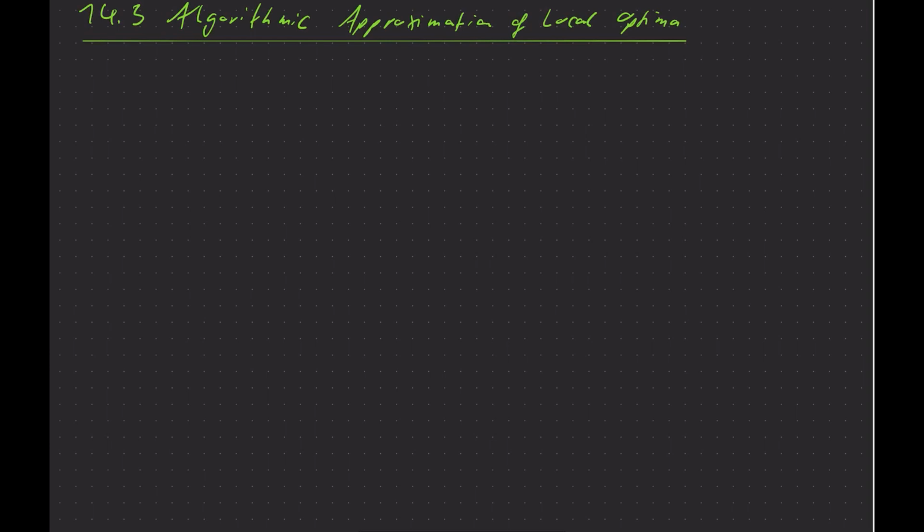The first thing we have to do here is get an idea of what the gradient actually means geometrically. So that is going to be our first topic for today: the interpretation of the gradient.